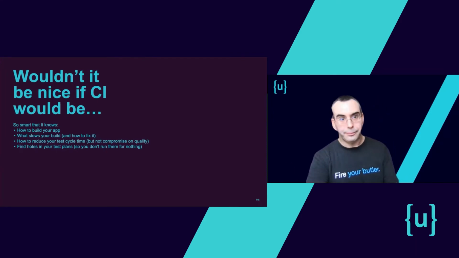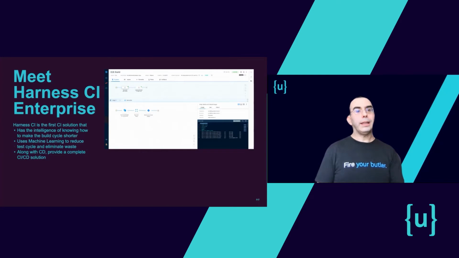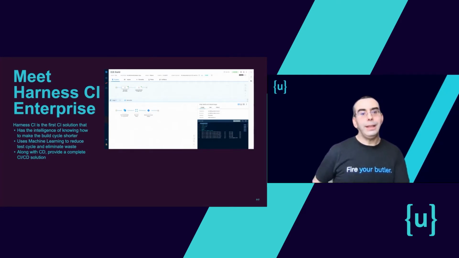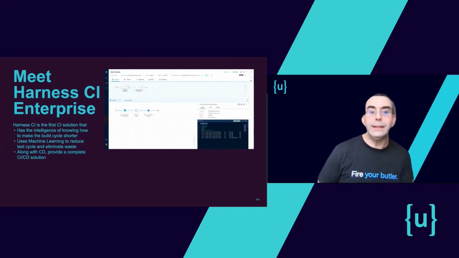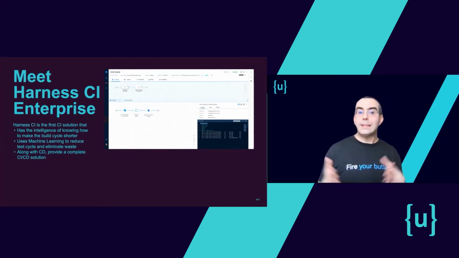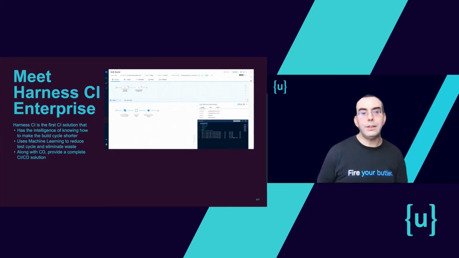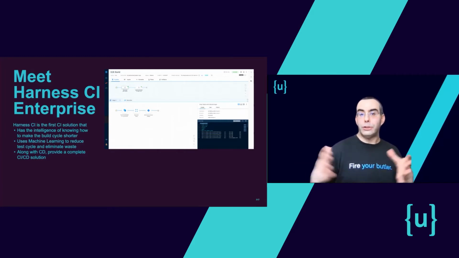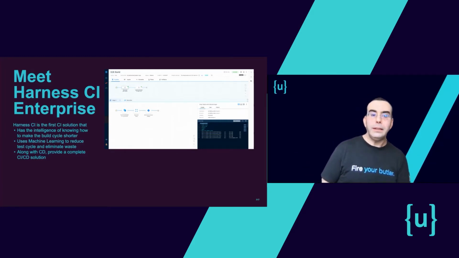With that, I would like you to meet Harness CI Enterprise, which is actually the first CI solution in the market that is a smart CI. It has the intelligence of knowing how to make sure that each build cycle is fast and adaptive based on the changes that you made in your code.